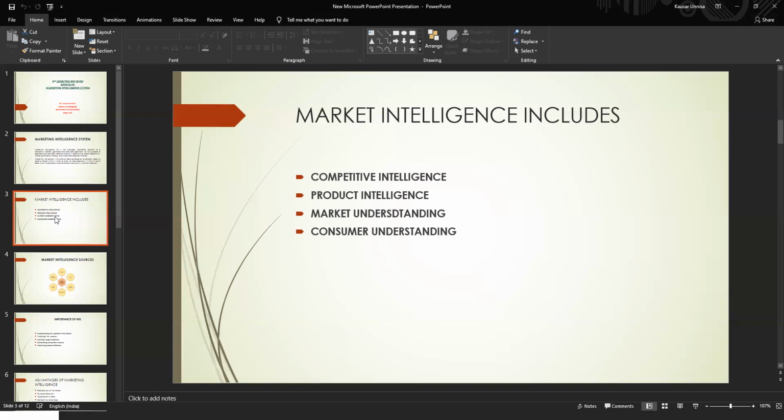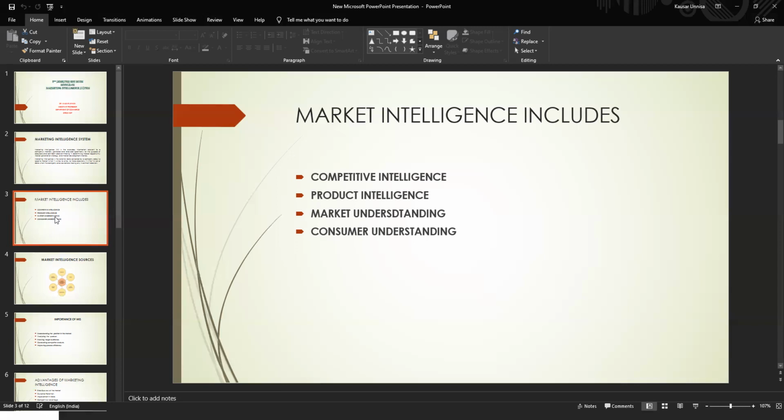And the next type of intelligence is the product intelligence. This is also a type of marketing intelligence where the organization has to focus on the product as well as the services. So they have to understand their products and services, how to market and how to sell the products in the existing market.